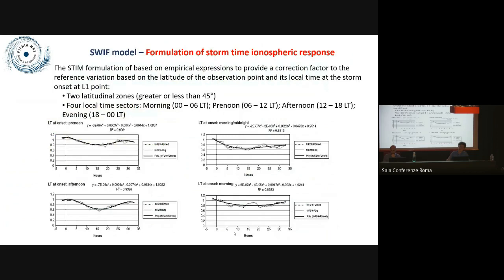Now, the second part of the model, of course, is to calculate the empirical functions that should be valid when an alert is issued. For this reason, we have divided the ionosphere in two latitudinal zones, those that are greater than 45 degrees and those that are less than 45 degrees, and in four local time sectors: the morning sector, the pre-noon sector, the afternoon, and the evening sector.